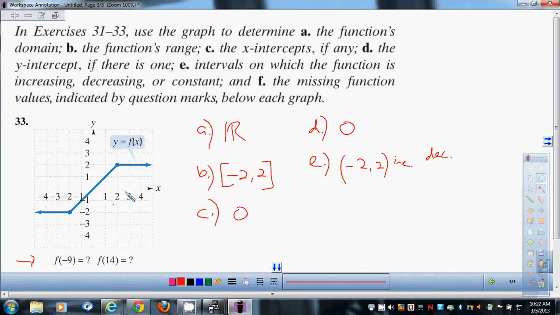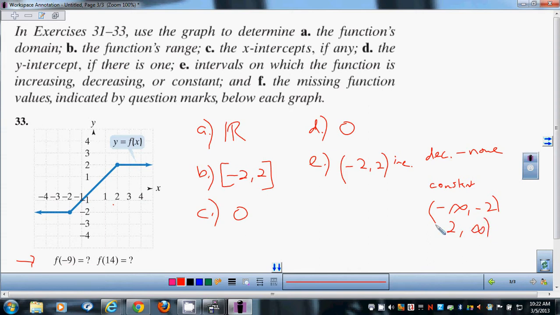Very good, none. And where is it flat? Where is it constant? Very, very good. From -infinity to -2, it is constant. And from 2 to infinity, it is constant.